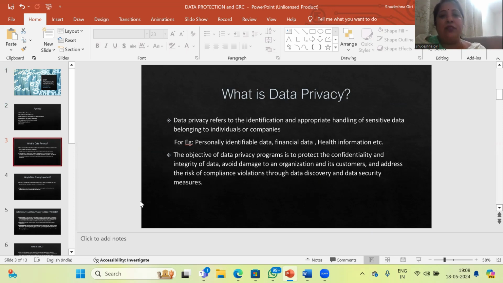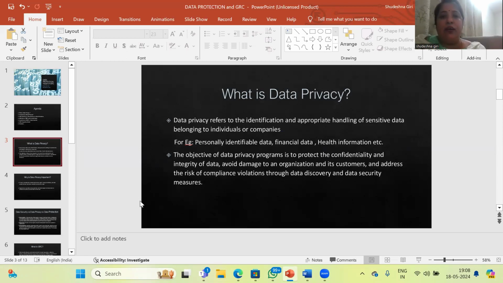This data is very important, and if it is used by any external entity, it can be used in a very wrong way. That is why data privacy is very important. The objective of data privacy is to protect the confidentiality and integrity of data so that we avoid damage to any organization or customer and address the risk of compliance violations.